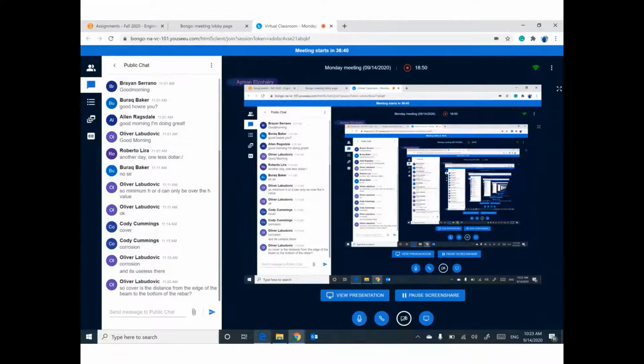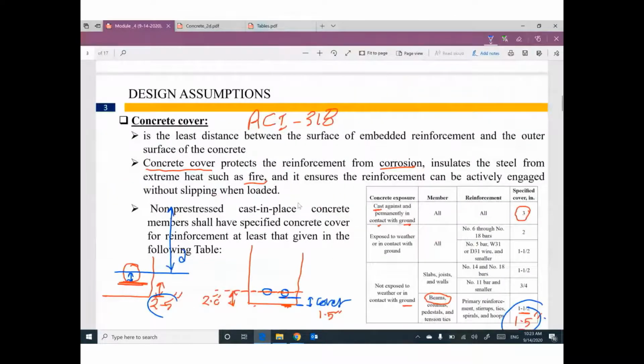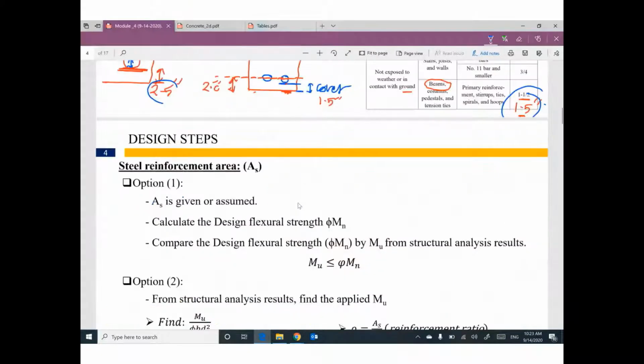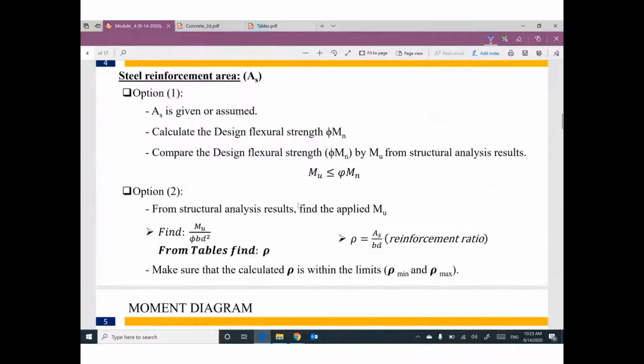What else? We covered last week 2 situations. The first situation, everything is given. You have a cross section with dimensions. Everything is given, even area steel is given.